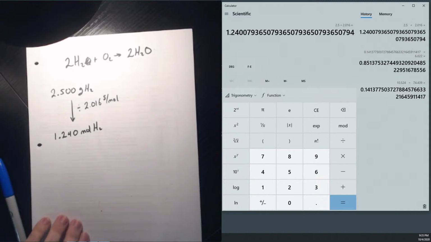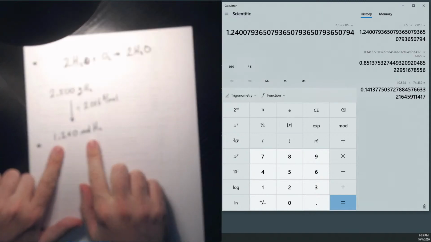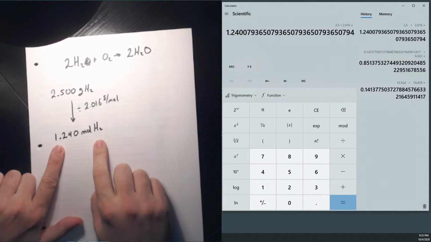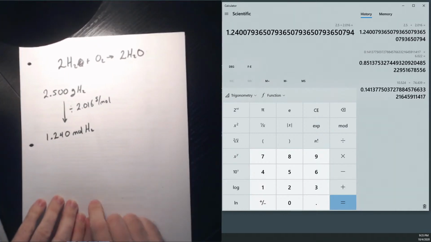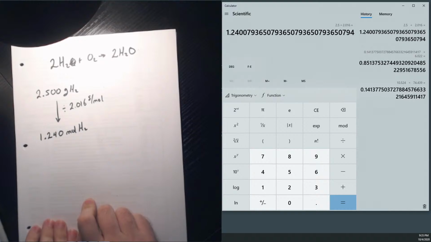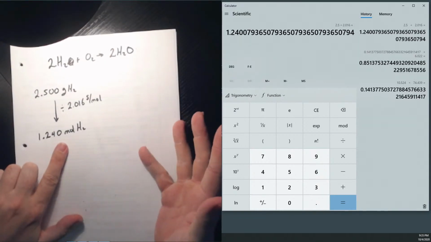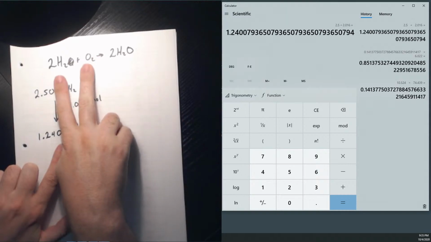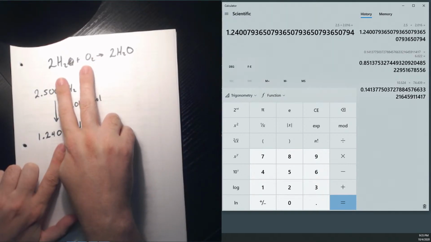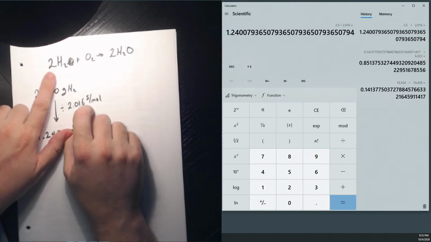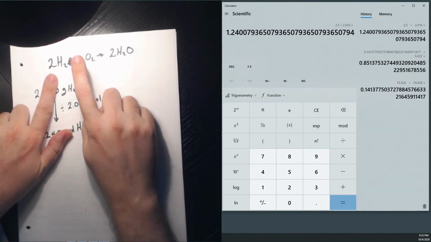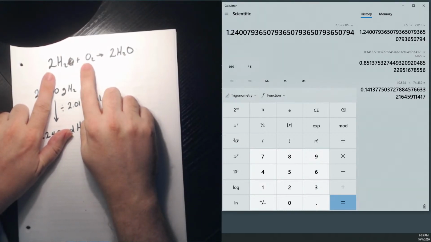So that should be familiar to you by now. You should recognize how to get from mass of hydrogen to moles of hydrogen using molar mass. The next step is a little different. What is the conversion factor that takes us from hydrogen to oxygen? It's this right here. The balanced chemical reaction tells us that for every 2 moles of hydrogen we consume, we're going to consume 1 mole of oxygen.